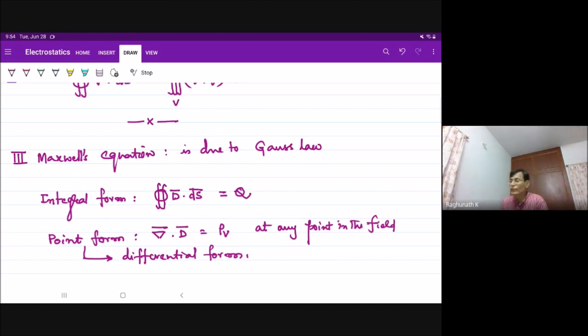Please check it. At any point in the field, the integral form is the general Gauss law statement. This is also called Gauss law in point form. Gauss law at any point.